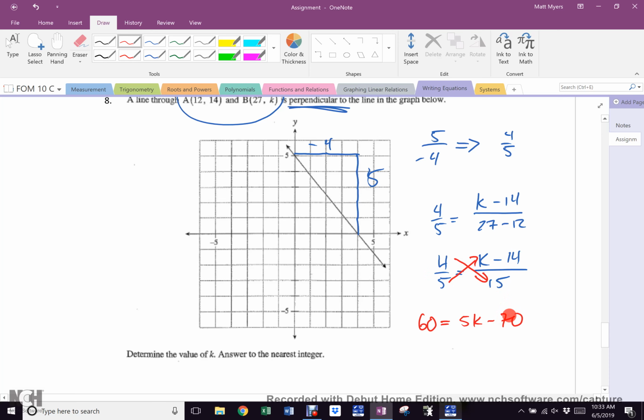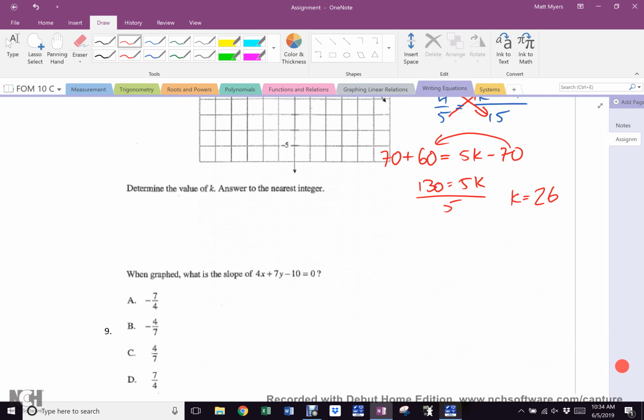What is this? Where does this go? Over here. And becomes what? 130 equals 5k. Now what? Divide by 5. What does k equal? 26. 1 mark there.